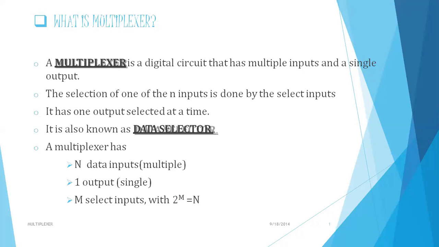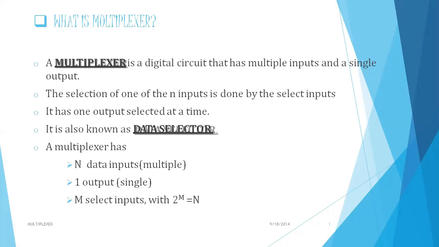Suppose, for example, there are 8 input lines and it produces only one output. How many selection lines will be required? With 2 power n input lines, it requires n selection lines.